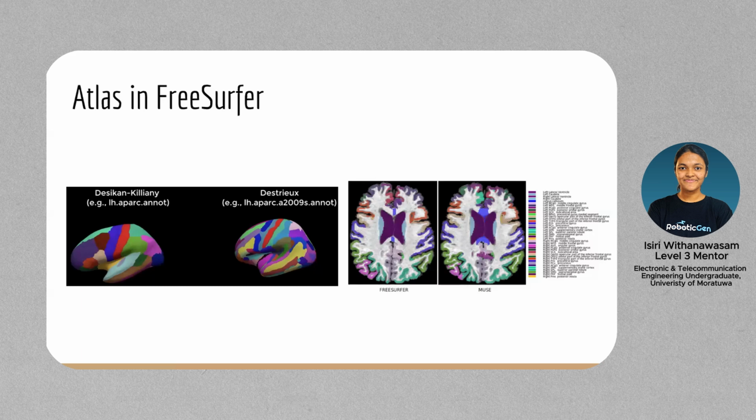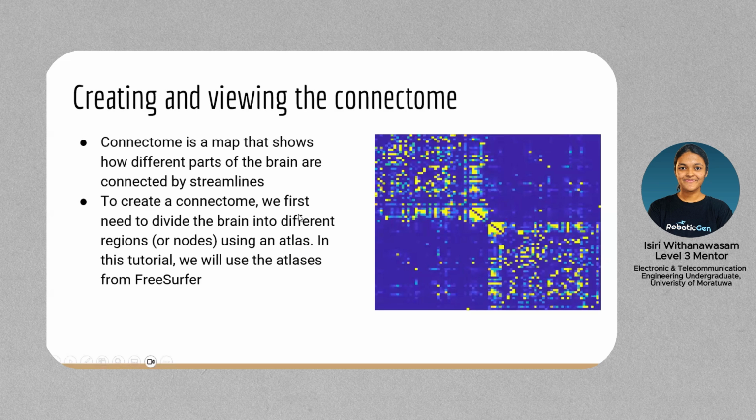In this tutorial and this analysis, I'm using the FreeSurfer atlas, the Desikan-Killiany, and I don't know how to pronounce that. Those are the scientists who created this. After researching the brain, they created these atlases, and for each color, you can see there's a separate region.